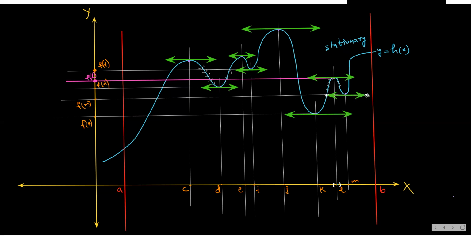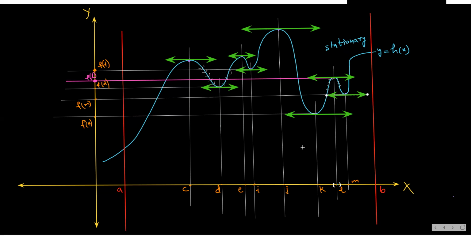This is a very important property which we are going to apply for maxima and minima. Wherever a function has a maximum or a minimum, if a tangent is drawn to the curve at that point, the tangent would come parallel to the x-axis.